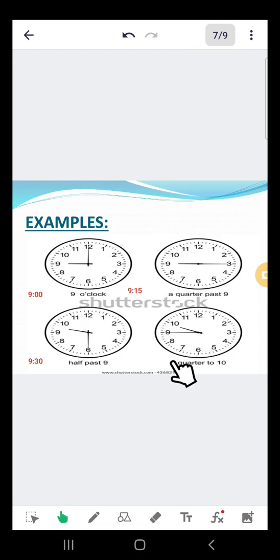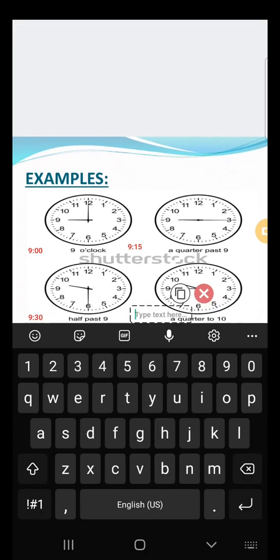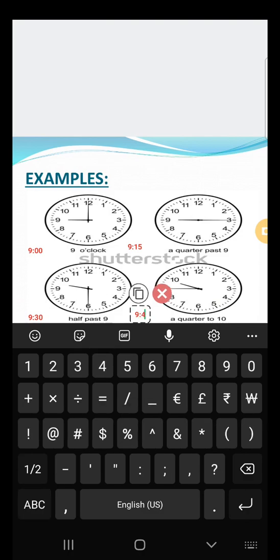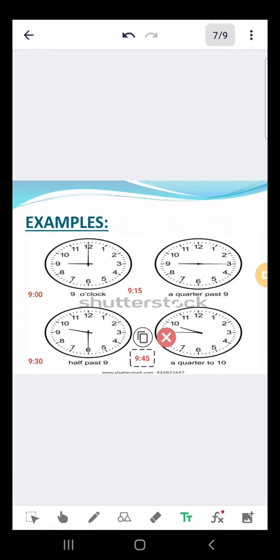And wherever you find the number 2, it means you have to take the smaller number between any two numbers. Here you can see the numbers 9 and 10. So the smaller number is 9. So we are going to write it as 9 hours 45 minutes. So this is the example for the clock part. Do revise it.